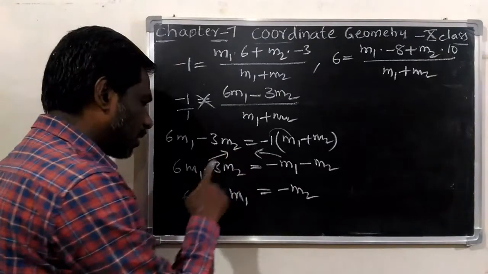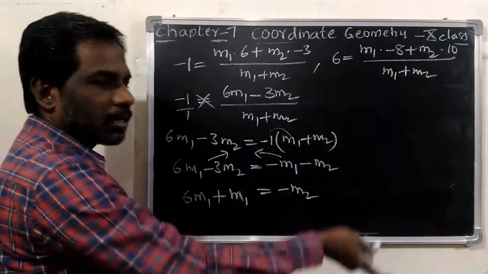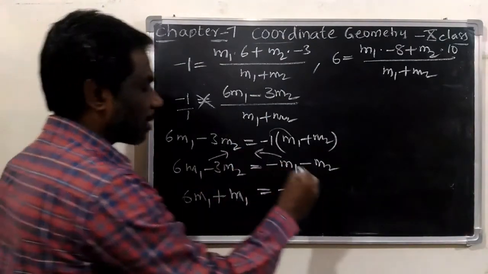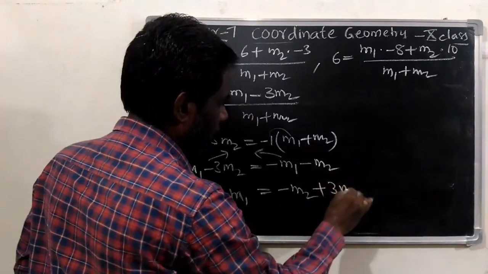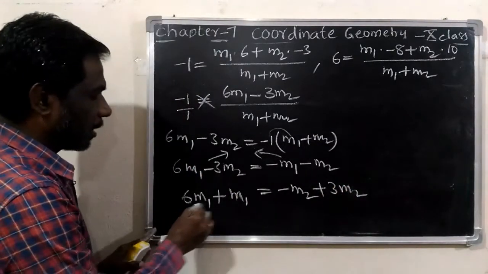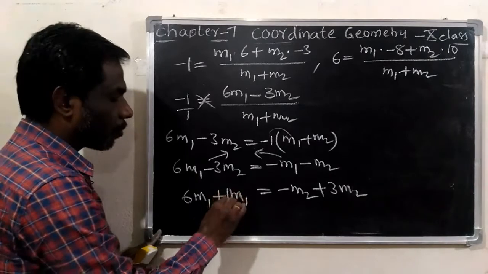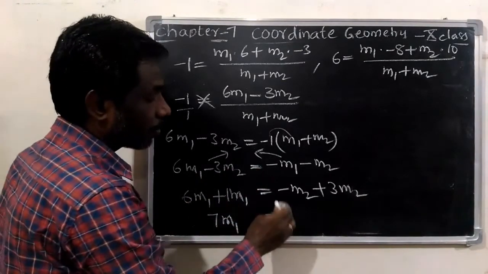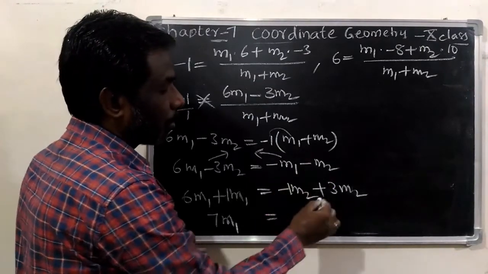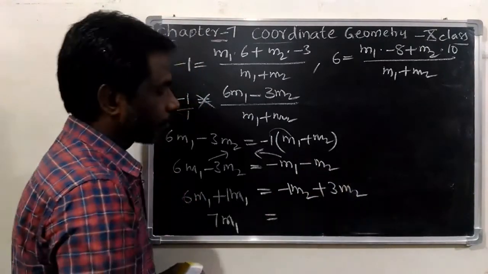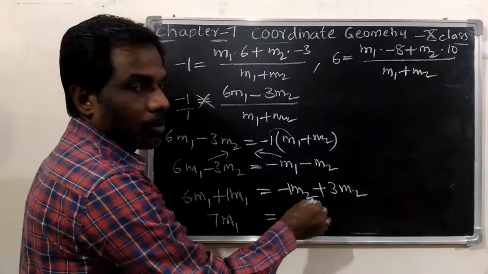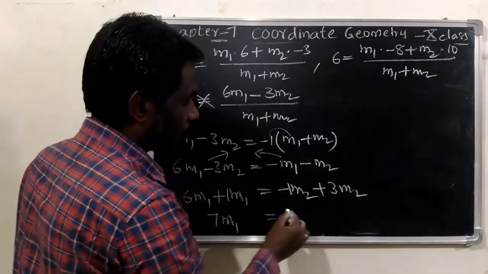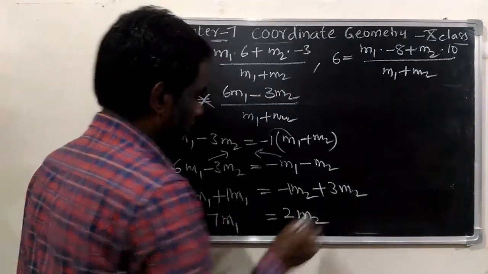Now transfer this minus 3m2 to the right side, then the minus becomes plus 3m2. So here 6m1 plus 1m1 is 7m1, equal to minus 1m2 plus 3m2. Minus 1m2 plus 3m2 is 2m2.